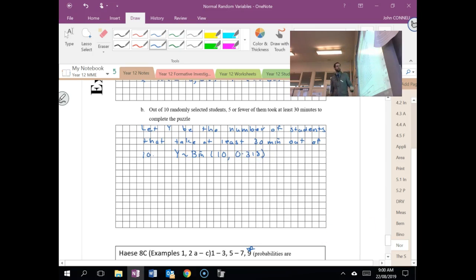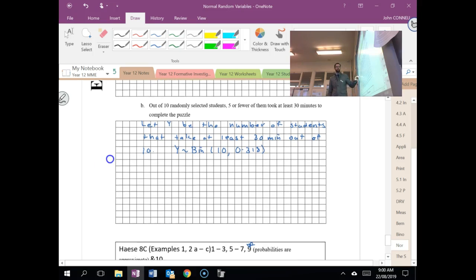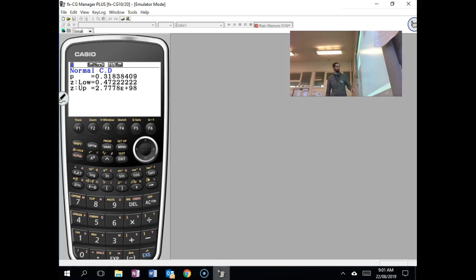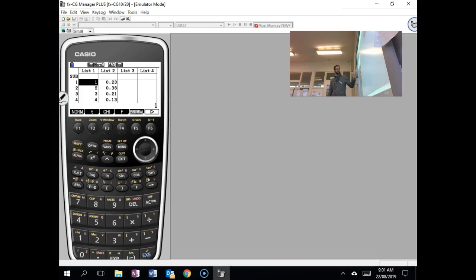So, out of 10 students, we want 5 or fewer took at least 30 minutes. So we want the probability that y is less than or equal to 5. We're going to go across to our calculator, exit out of normal, go to distribution, and instead of normal this time, we're working in the binomial.